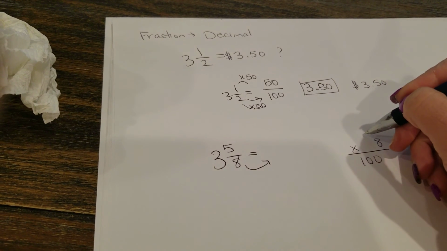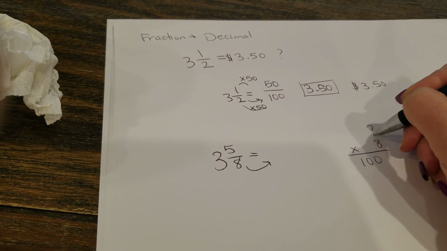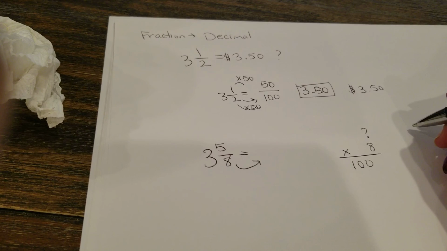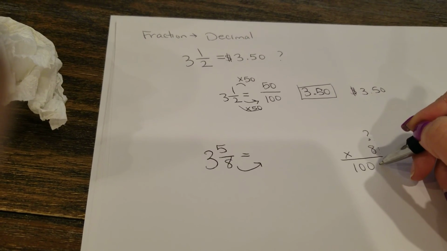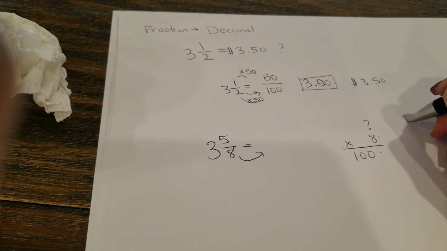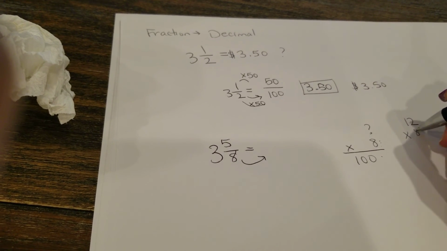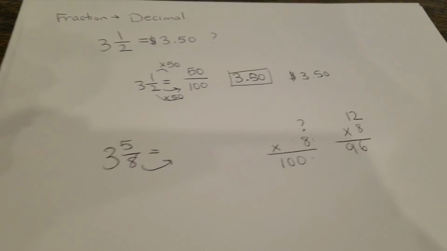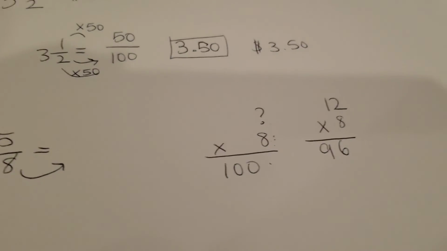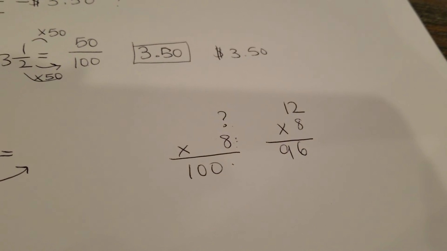What if I do, how many 8s would there be in 100, right? So I know 10 times 10 is 100. We're a little bit away, so maybe I'll try 12 times 8, which I know equals 96. So it looks like I'm not going to get to 100.